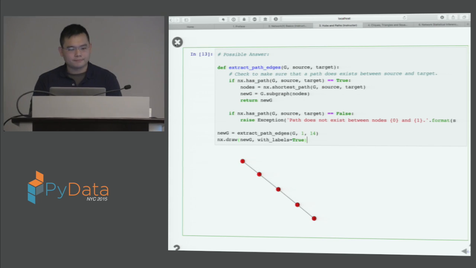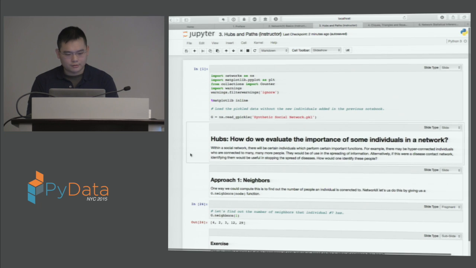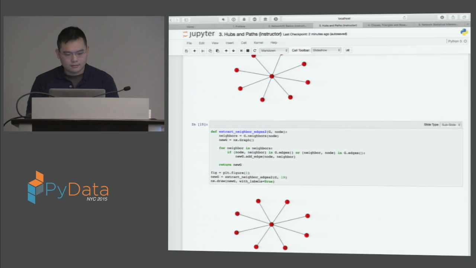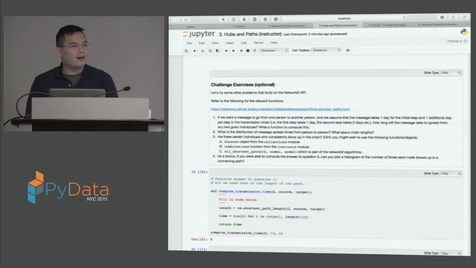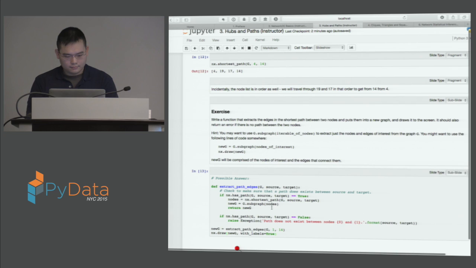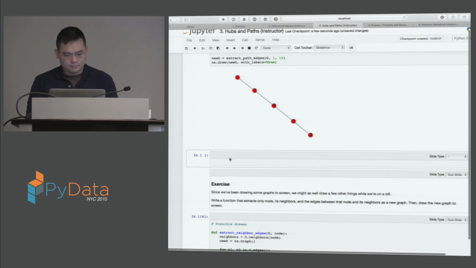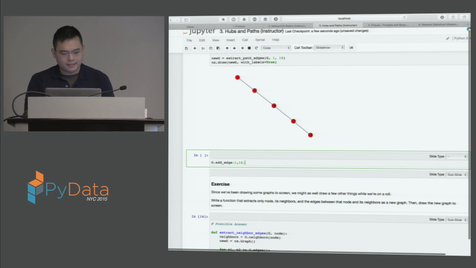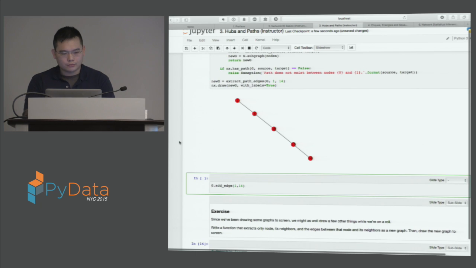Let me close this presentation mode. Let's add an edge between 4 and 14. I'm going to forget about the metadata.